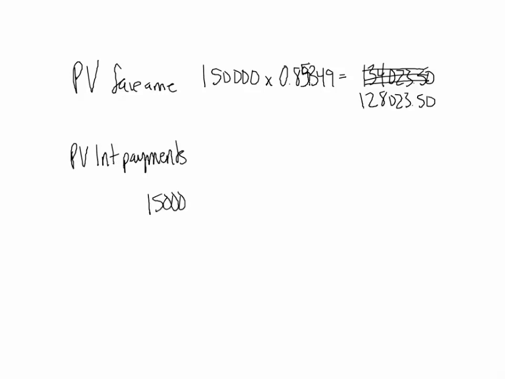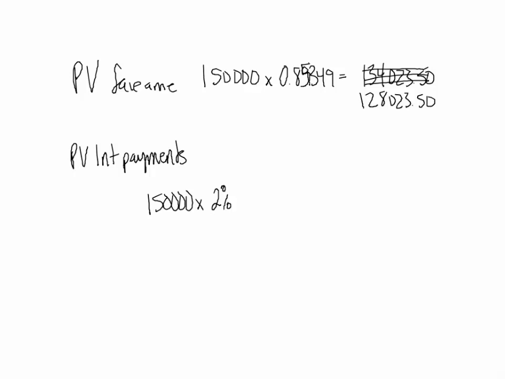We have $150,000 times the coupon rate. What is the coupon rate? We said it was 2%, right? What else do we have to do to this interest rate? Because of the number of payments per year. Can we just multiply it times 2%?